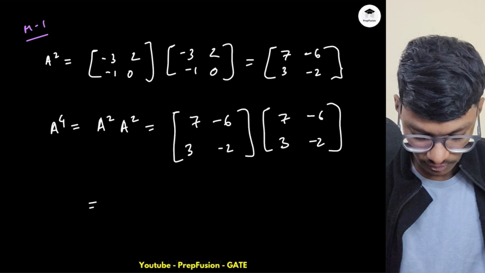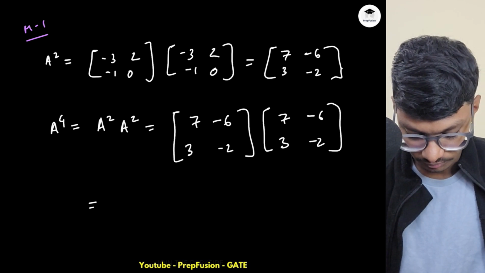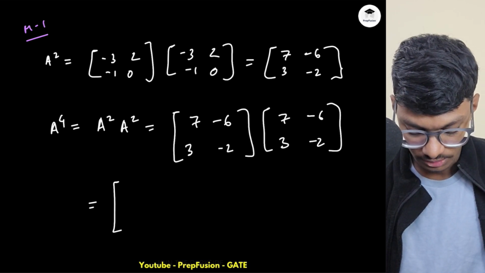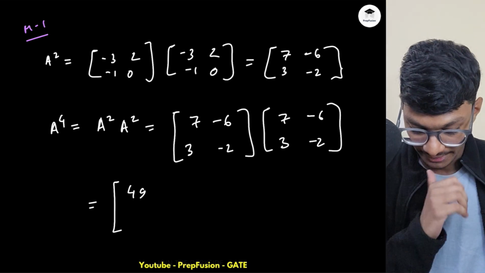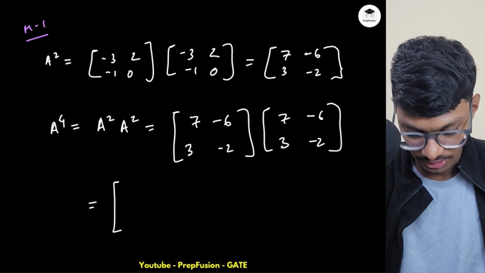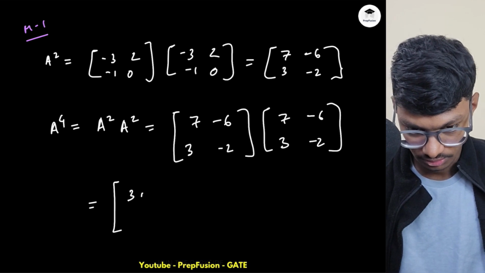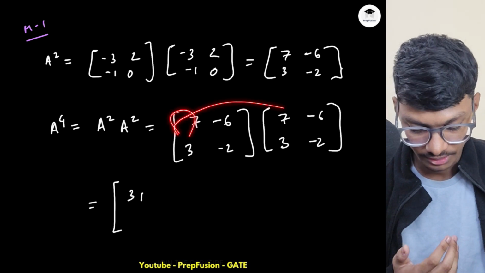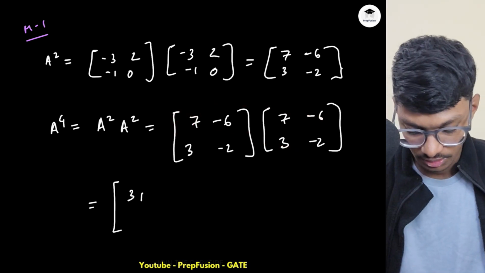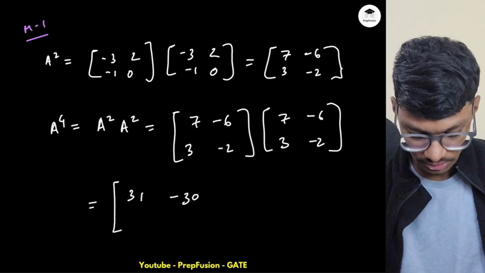So what do I get over here? This is 49 minus 18, so this will be 31. Now this is -42 plus 12, so this will be -30.